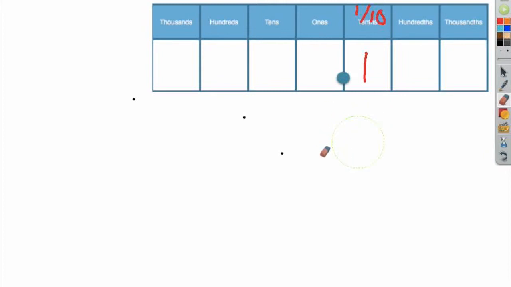Let's try another one then. I'm going to try to trick you this time. Who can read that one? We have a few brave people. 600ths? Do you guys agree? Wonder what that would look like as a decimal. 600ths. What does that look like?